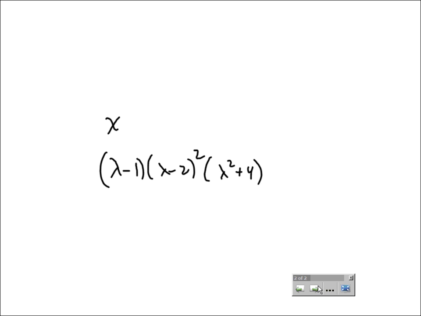Or you can have what I just described with complex roots. And if you had, well, let's use lambda, lambda minus 1 times lambda minus 2 squared times lambda squared plus 4 equals 0, well, lambda would be 1, lambda would be 2, or lambda would be plus or minus 2i.